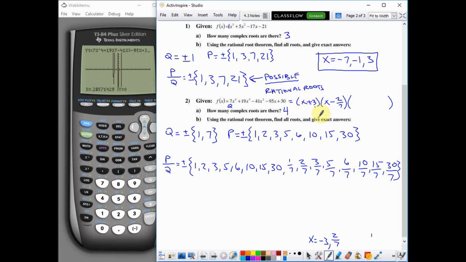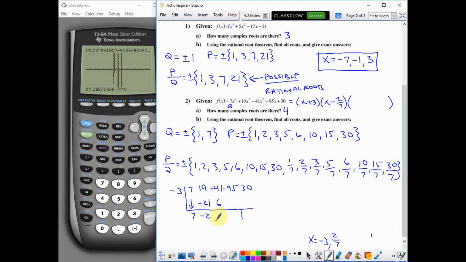My factor is x plus 3, so I can use that root, -3. And I've got 7, 19, -41, -95, and 30. So I can bring down the 7 and multiply. -21, add, -2, multiply, add.